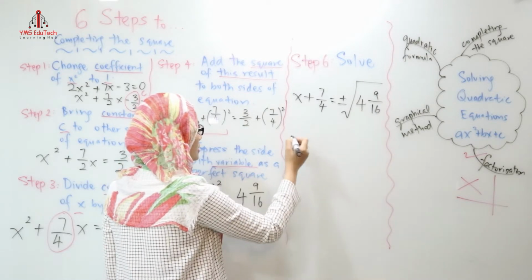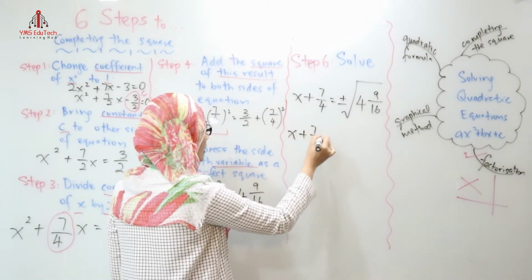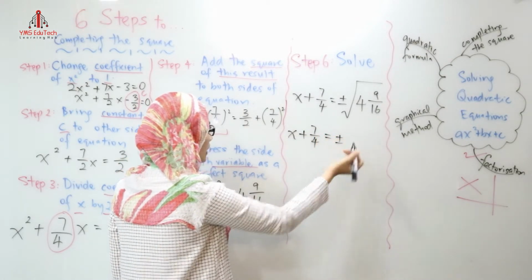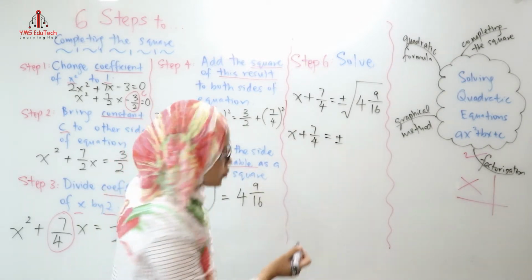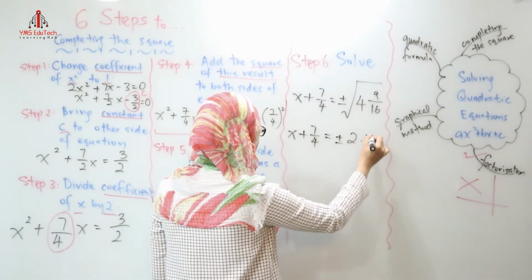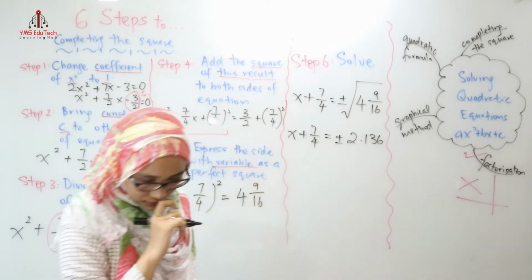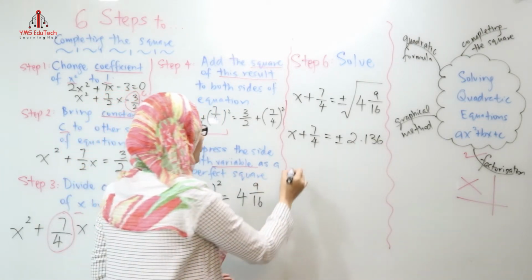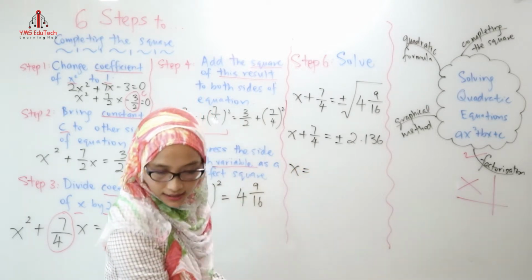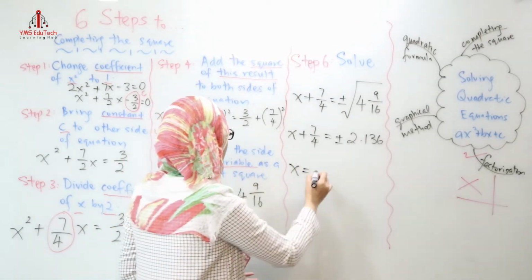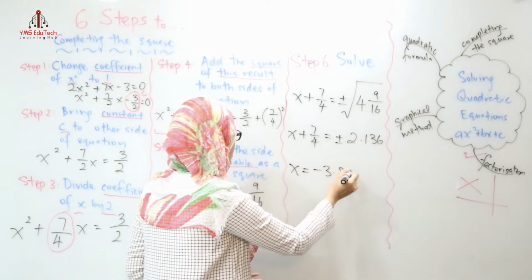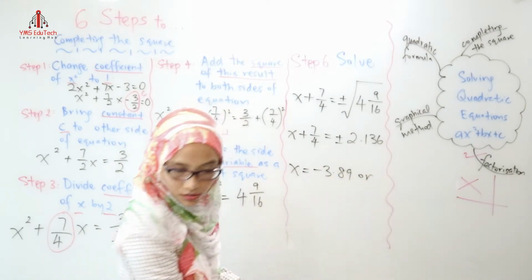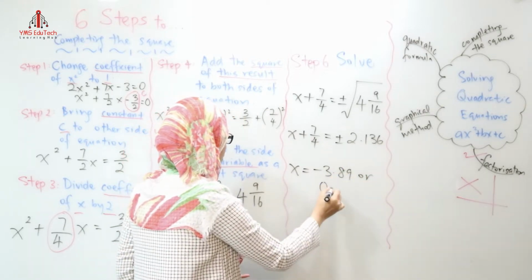Compute this in your calculator. You will have x plus 7 out of 4 is equals to plus minus 2.136. So now I can easily solve my x value. My x is either minus 3.89 or 0.39.